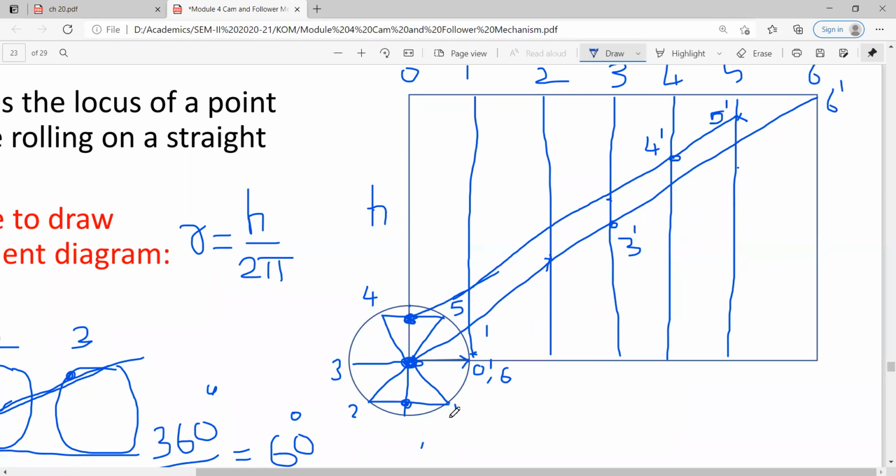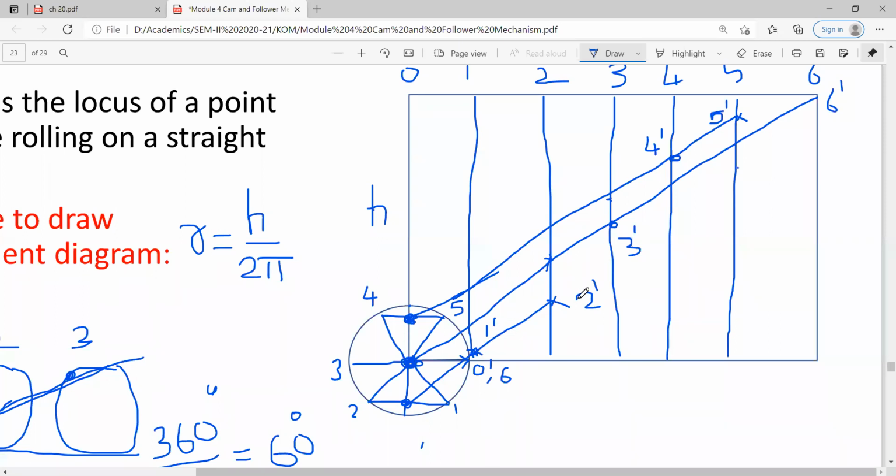Similarly, repeat the procedure for points 1 and 2. If you draw a line parallel to the diagonal, here line 1 will be cut and here line 2 will be cut. So that is 2 dash, and here it will be 1 dash.